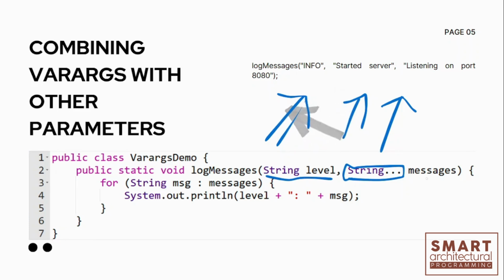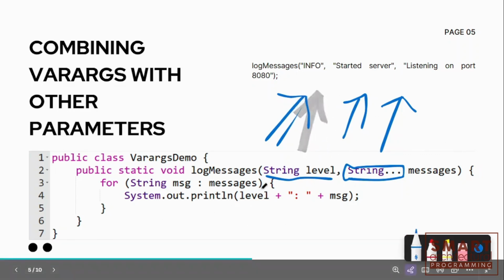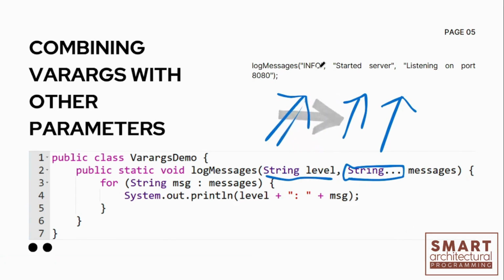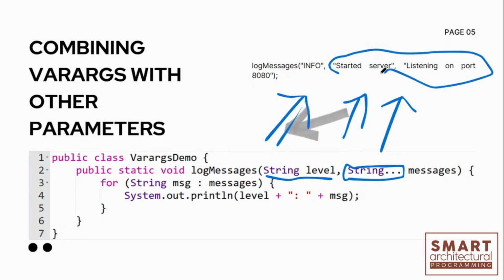So based on that, when we call this method here, we'll use log messages info, which is the level information, and then we start adding the vararg parameters, and all of these are vararg parameters. Let's circle this here and close this, and this includes this section here as well. So anything after the first one are vararg parameters, which are going to be coalesced in an array and then processed as needed by the method.